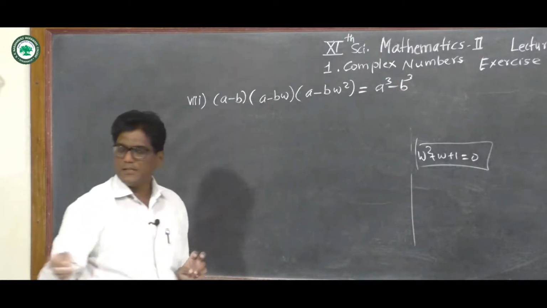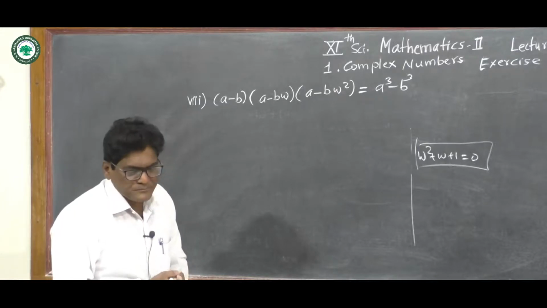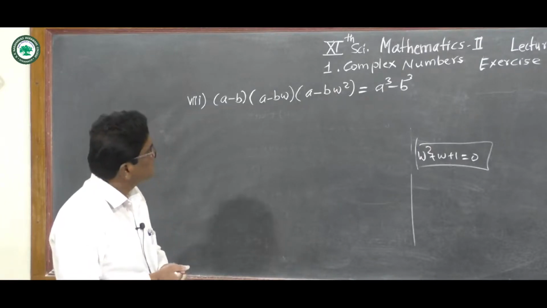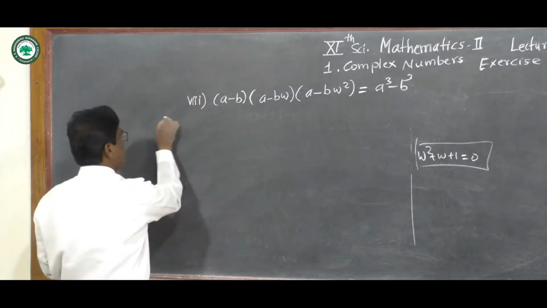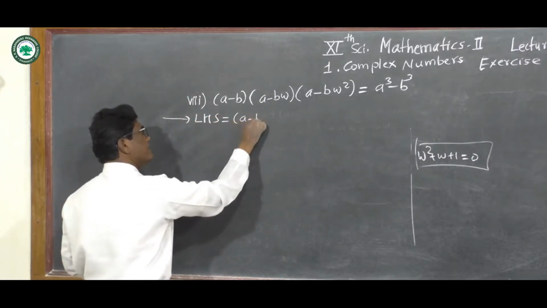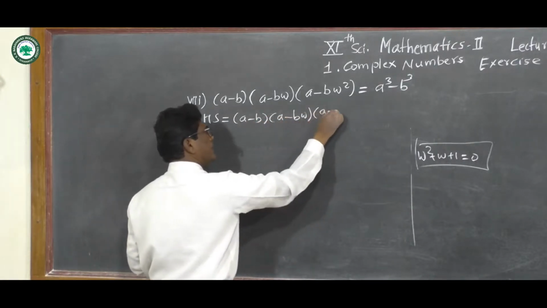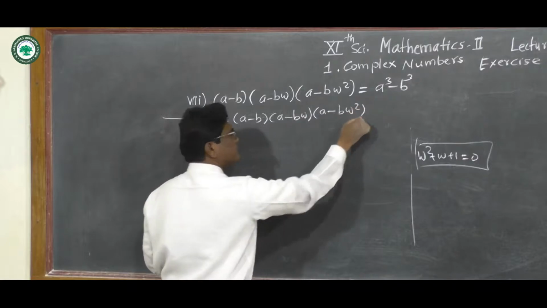We have to show that this is a cube minus b cube. So take the left hand side. LHS is equal to a minus b into a minus b omega into a minus b omega square.